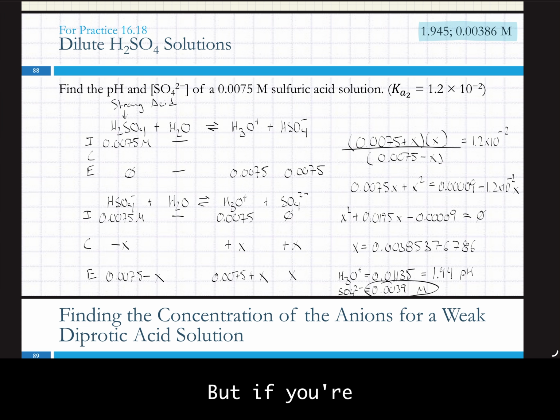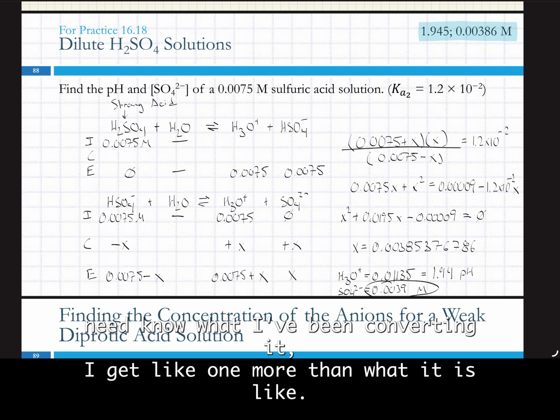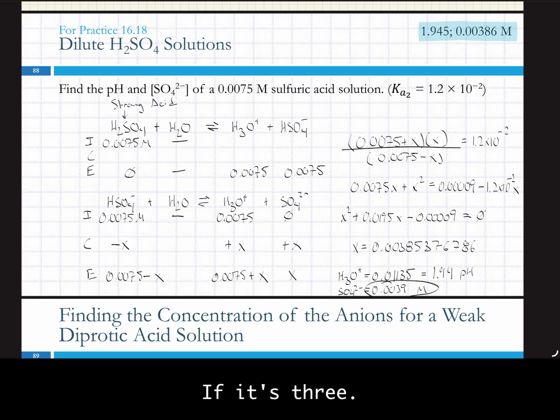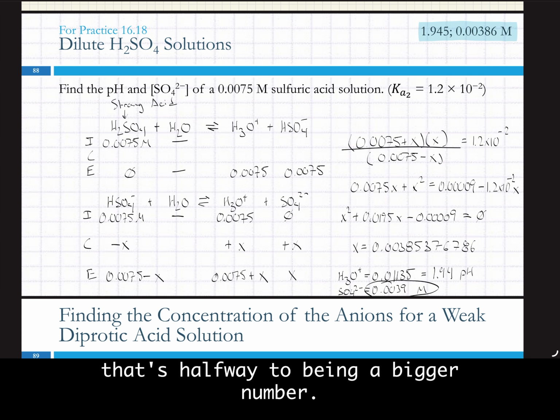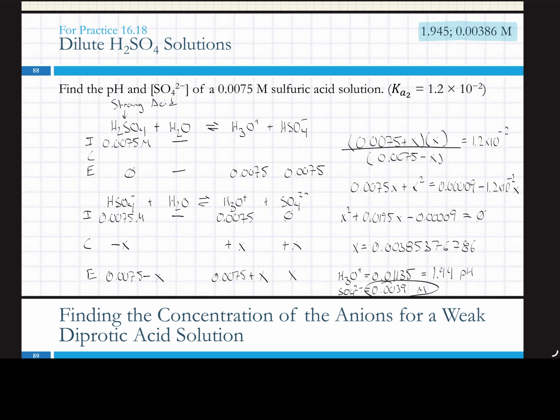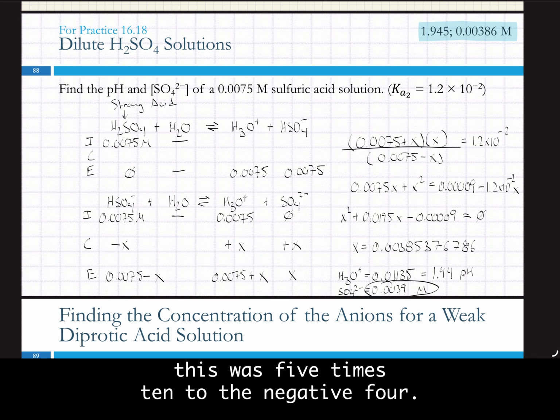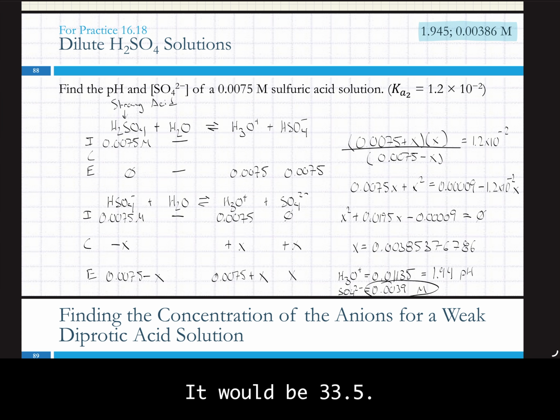Like if it's 5 times 10 to the negative 4, it would be 3.5.